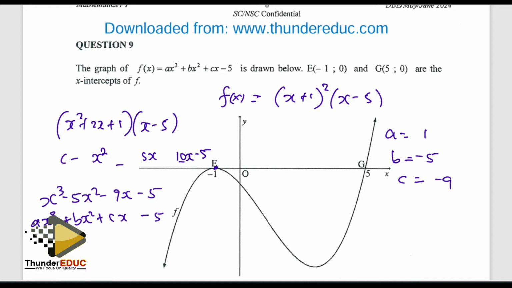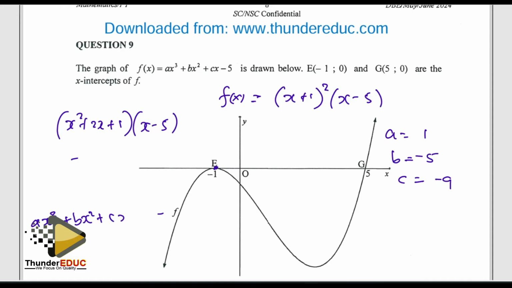I'll erase this, erase that, and reopen this bracket again. So we're saying x, and that is x cubed, this and this, plus 2x squared, this and this is plus x.